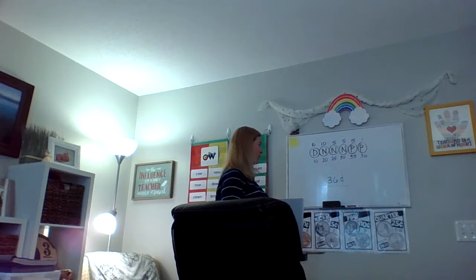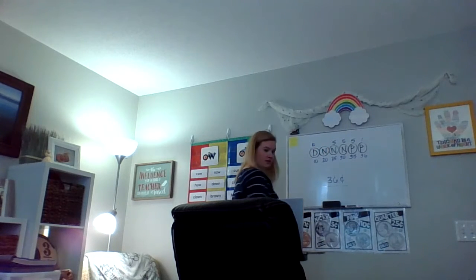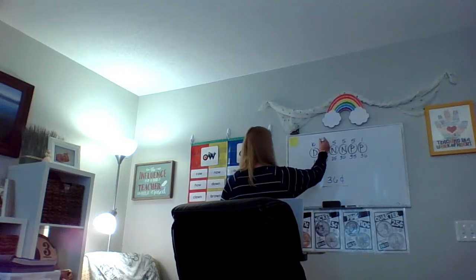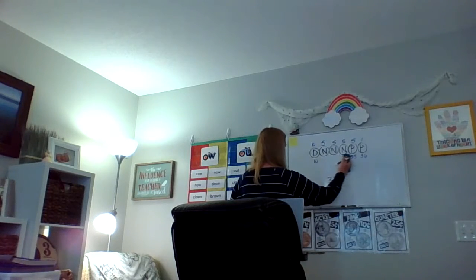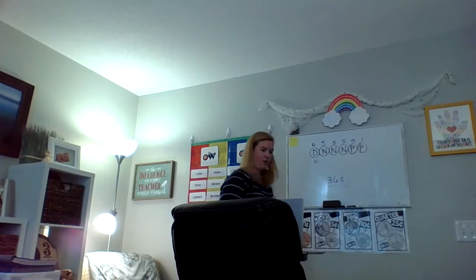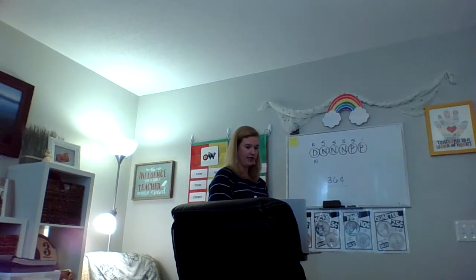A nickel is worth what? A nickel is worth 5 only. Okay. So I need to erase this counting because my counting's going to be wrong because I did wrong values. Okay. What else did I do incorrect?